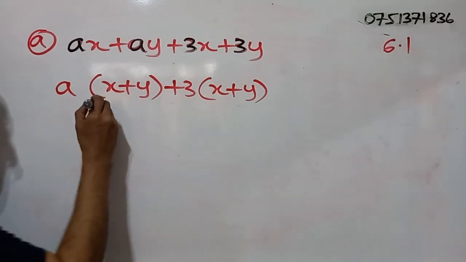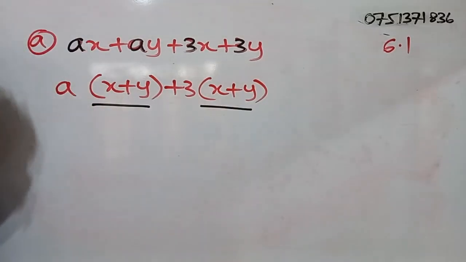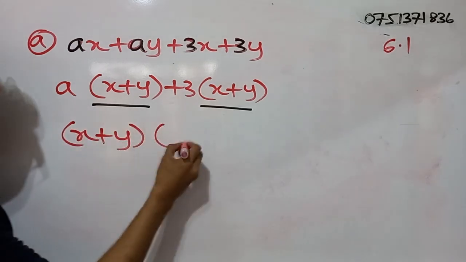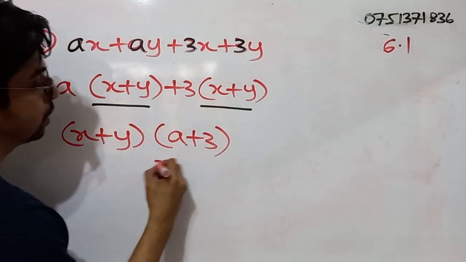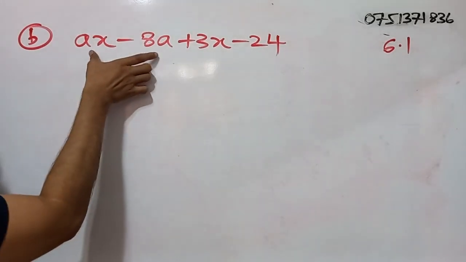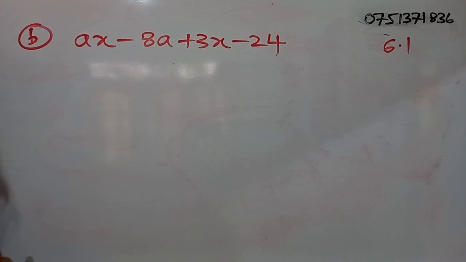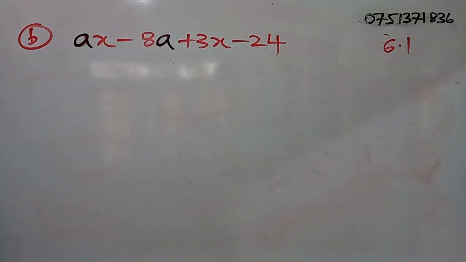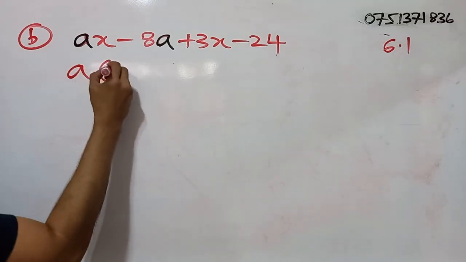Now here this expression is common. So it will be the other factor. So x plus y and a plus 3. So that will be the answer. So the next one, when we consider these two terms, right, we can see a is one factor. So we can take simple a. So what goes inside?